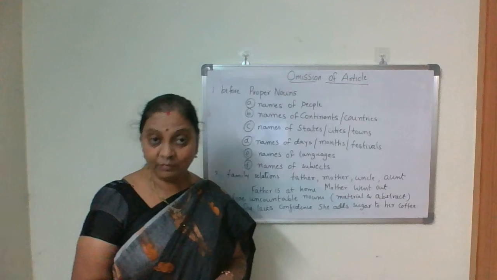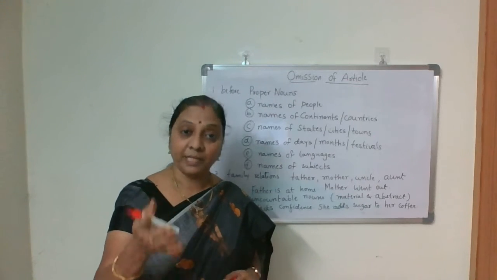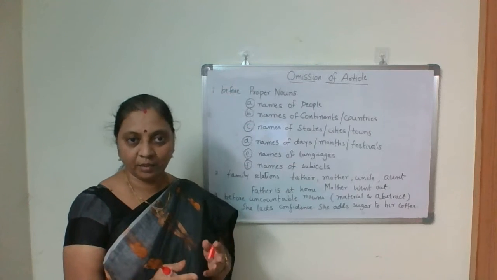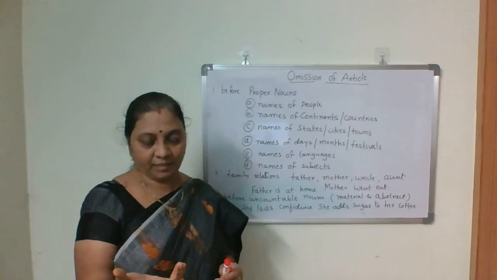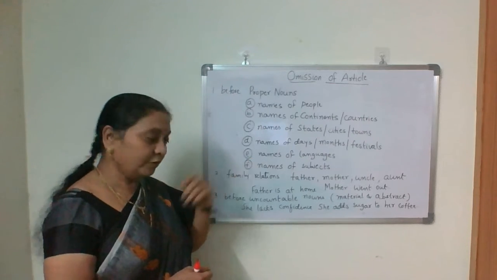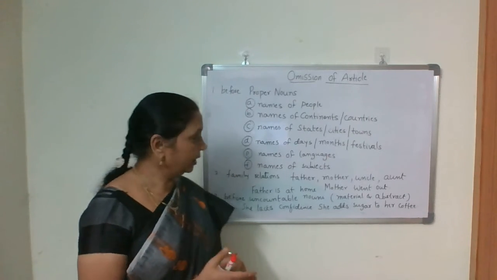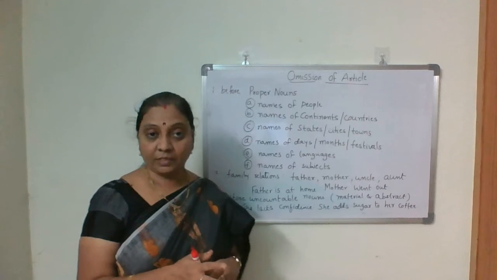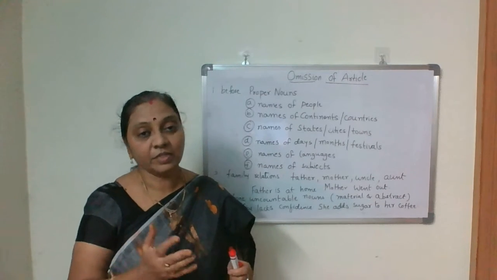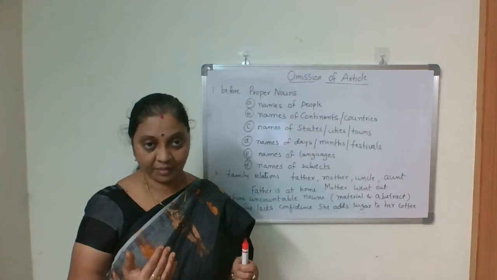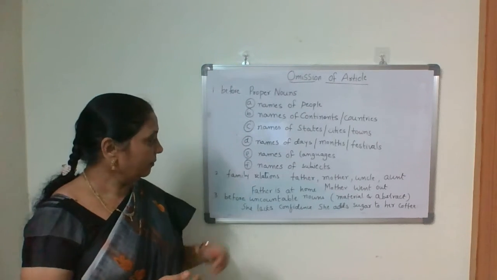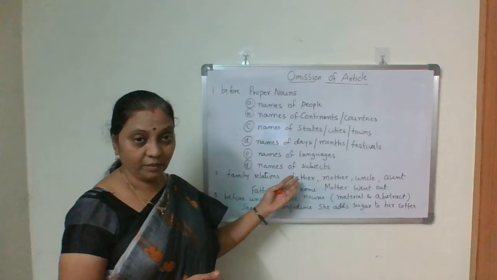And names of languages: Telugu, Tamil, Kannada, Hindi, Urdu. The Urdu, no, we don't say that, isn't it? So names of languages also we don't use any article. Then names of subjects like English. Mathematics is my favorite subject. You never say the mathematics is my favorite subject, or a mathematics is my favorite subject. We never use an article before the names of subjects.